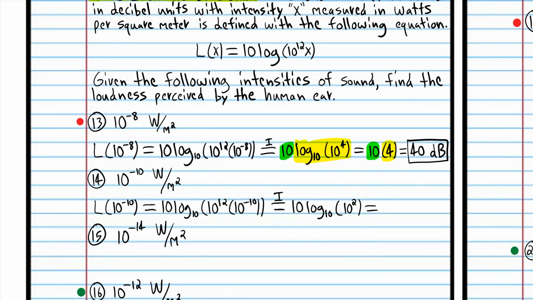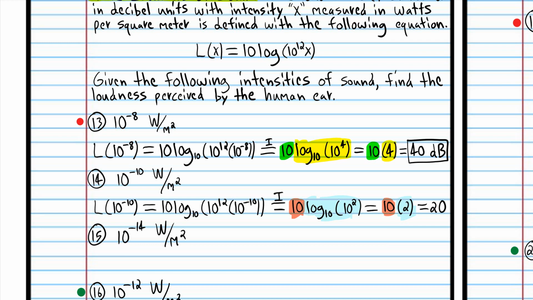But remember, because these two red bases are the same number, this entire logarithm just ends up equaling 2. So this entire blue logarithm just became 2. And the 10 is still multiplied by the 2.